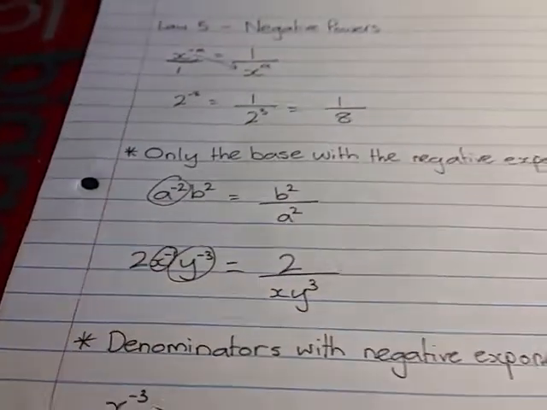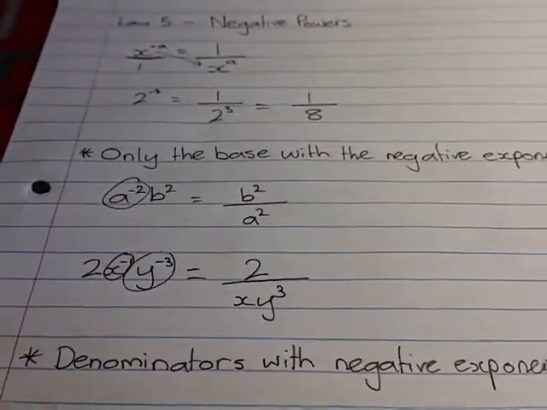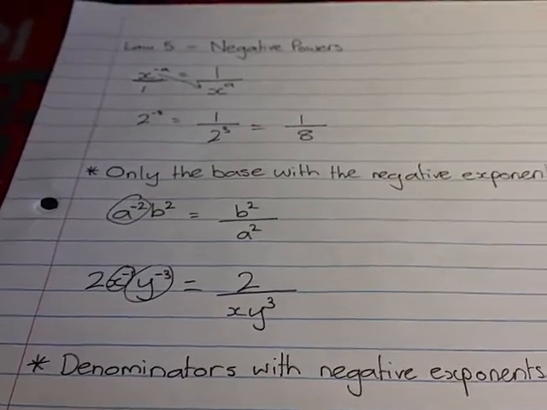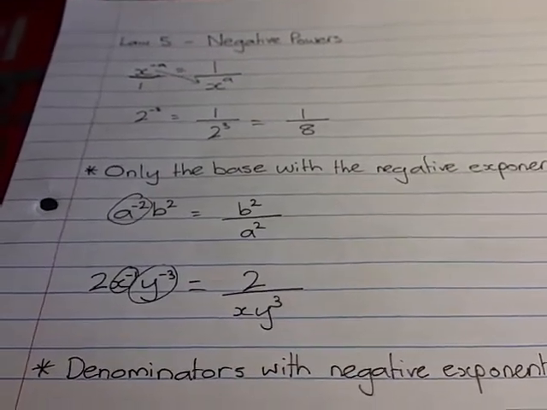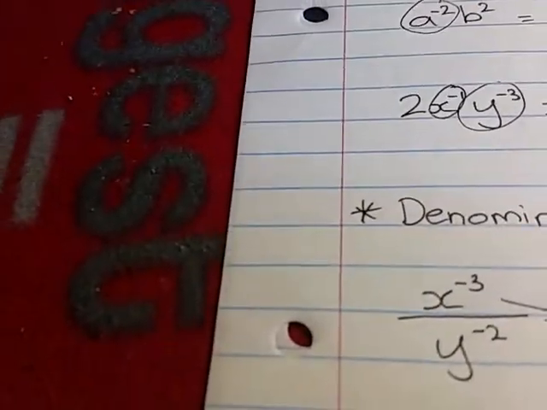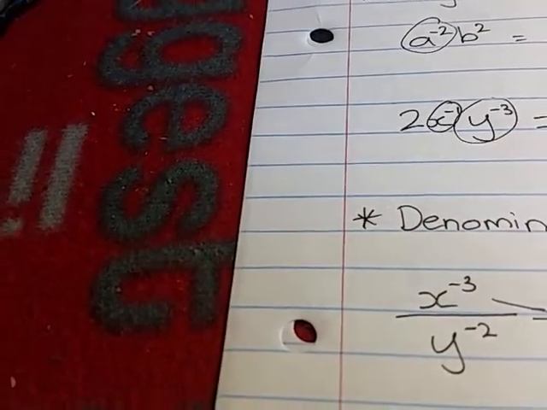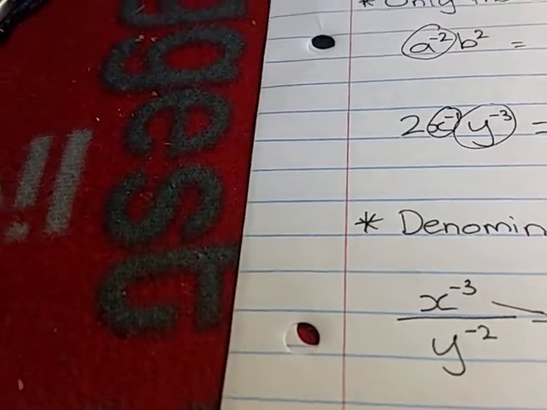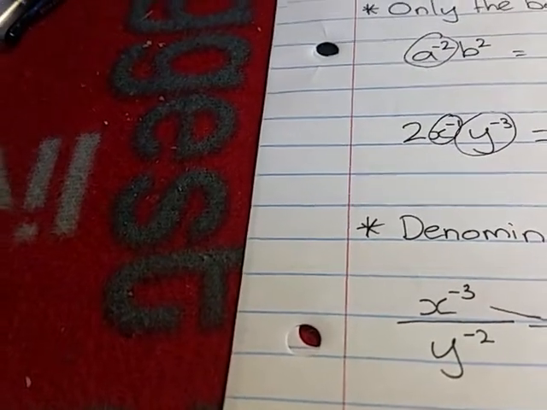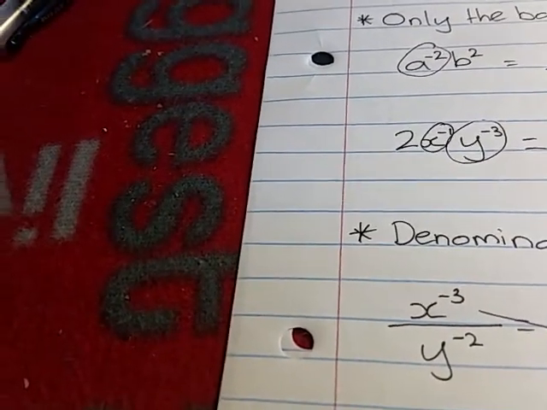The next final point to mention is that you can get denominators with negative exponents. What happens in that case? Well, here, I've set up that situation for you. I have here x to the power of negative 3 divided by y to the power of negative 2.